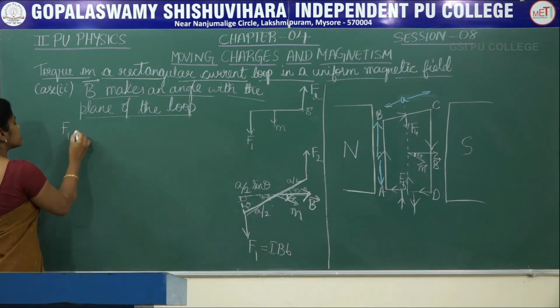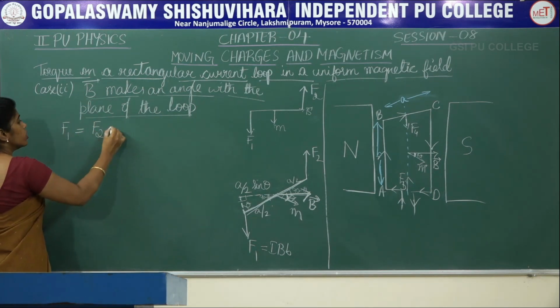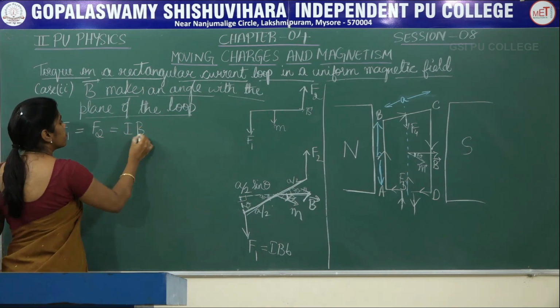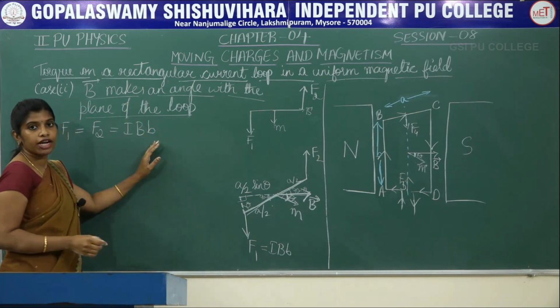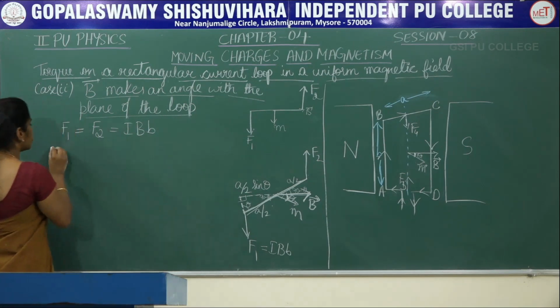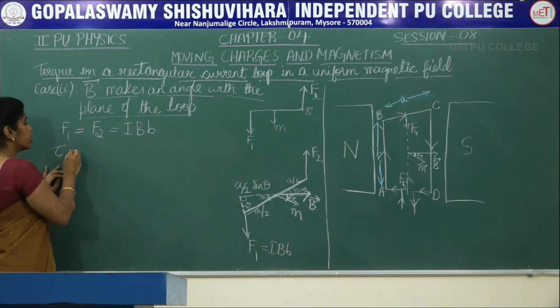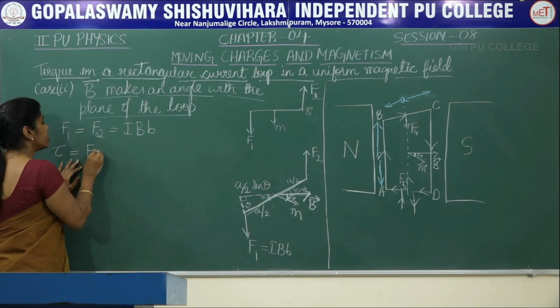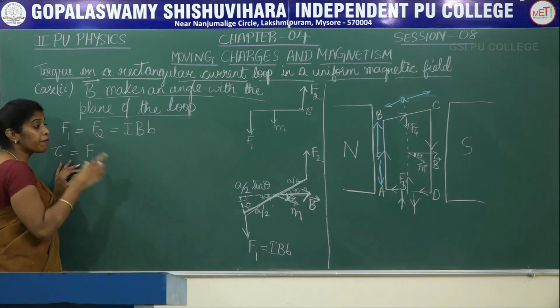We know the forces F1 and F2 are equal to IBb. Now let us write down what is the torque. Torque is given by the formula force F1 into the perpendicular distance.